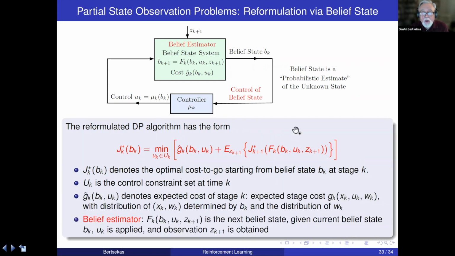So that's all I'm going to say for the moment for partial state observation problems. They involve various formulations, a belief estimator, and a reformulated cost, and some kind of approximation to the dynamic programming algorithm, likely using approximation in value space and quite a bit of computation.